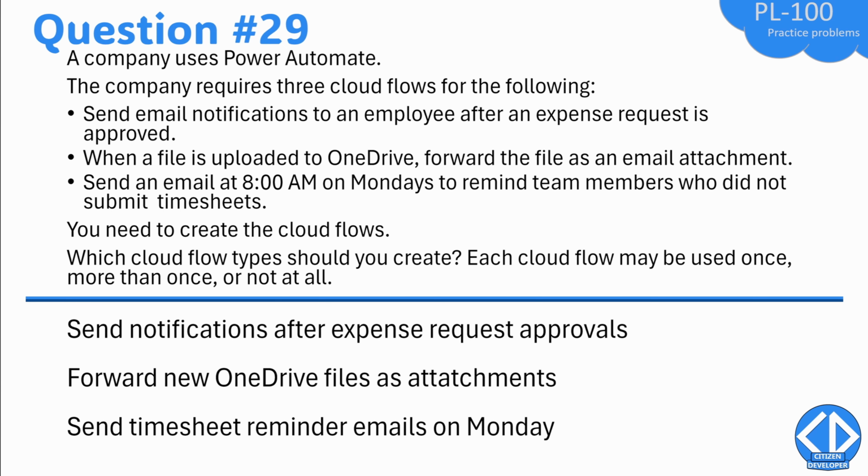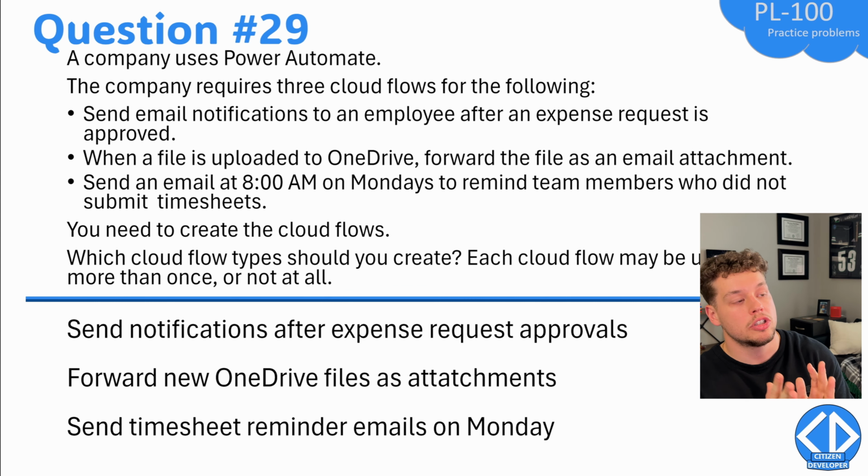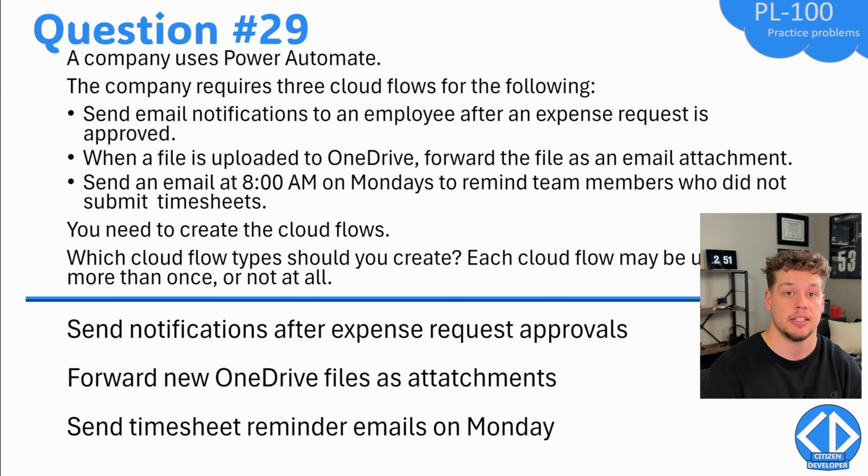So for our first option here, send notifications after expense request approvals. To me, this one is actually the most tricky out of all three of them because we want to send an email notification. And typically, when you're wanting to send an email notification, that is going to be an automated cloud flow. But the trigger is what gets me a little tripped up. It's because we want to only do that after an expense request is approved.